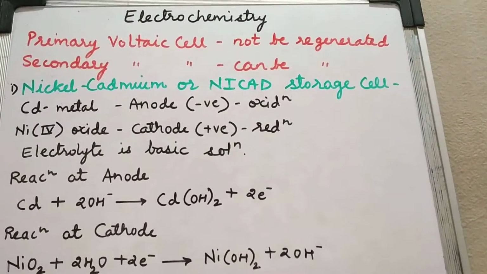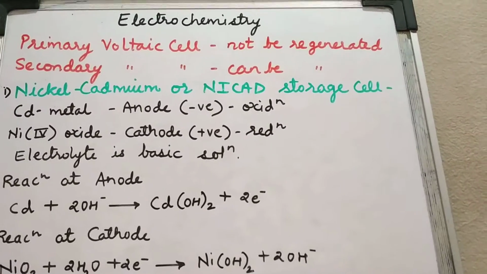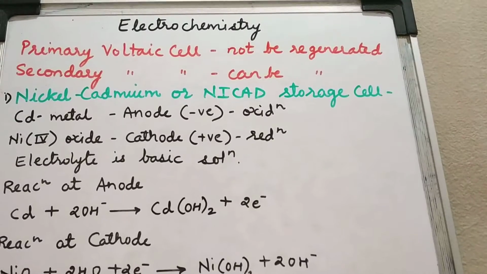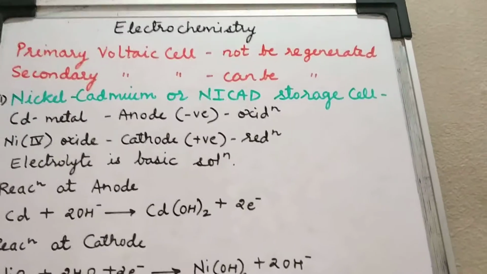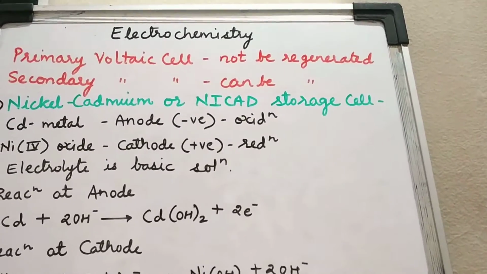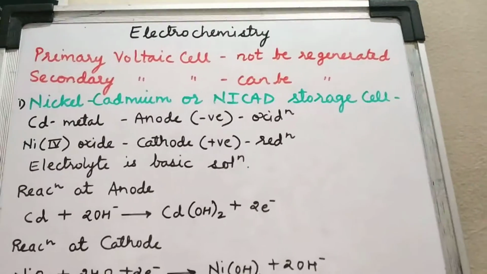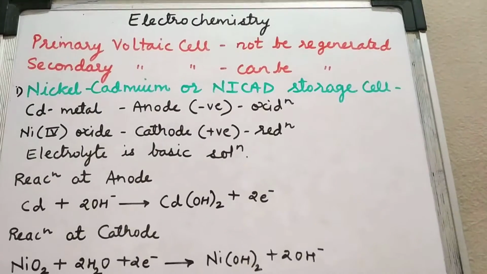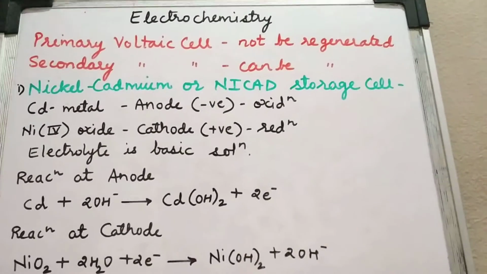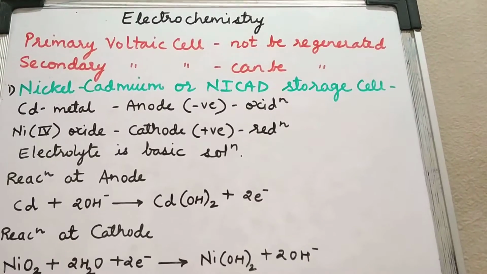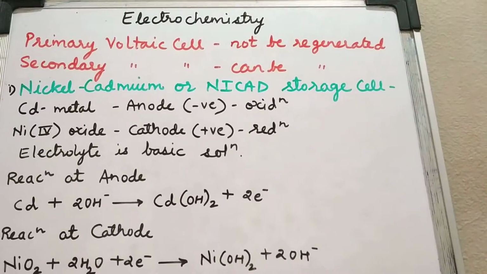Even if such a cell is charged, it cannot be regenerated. Once the cell is used, it has a limitation. The chemicals are totally consumed, and the cell reaction stops. Such a cell is said to be a primary voltaic cell, that is, it cannot be regenerated.